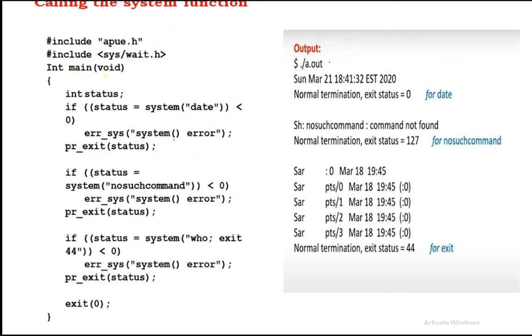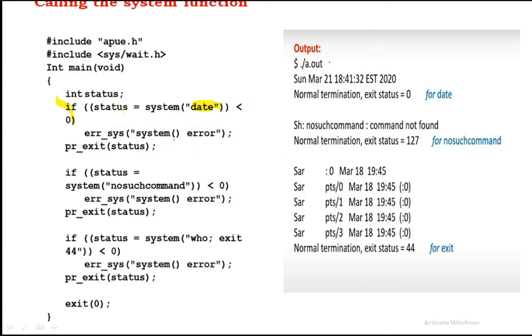Just see, int main(void), int status. If status is equal to system, you are going to pass date as a parameter. You are executing the date command by calling the system function in the C language.